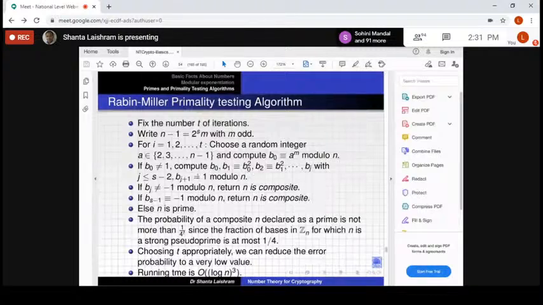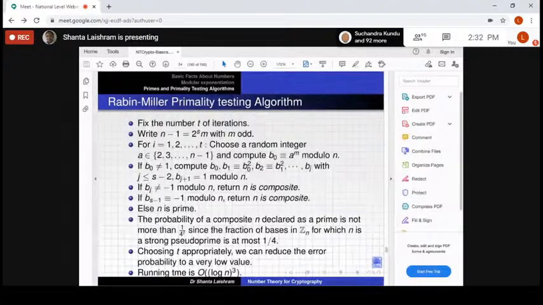If b_{j+1} is 1 but b_j is not equal to -1, then n is composite. And if b_{s-1} is not -1 modulo n, then n is composite. If none of this happens, then n is declared prime. So Miller-Rabin says that n is a prime if these two conditions are not satisfied.